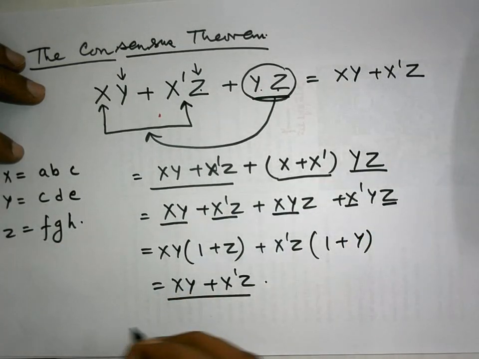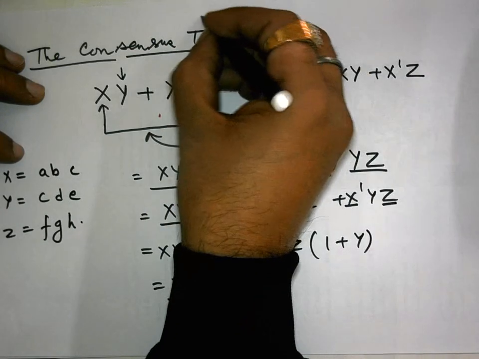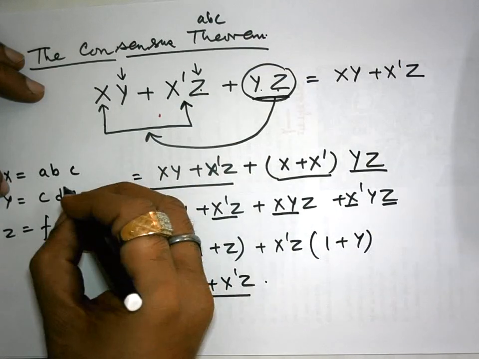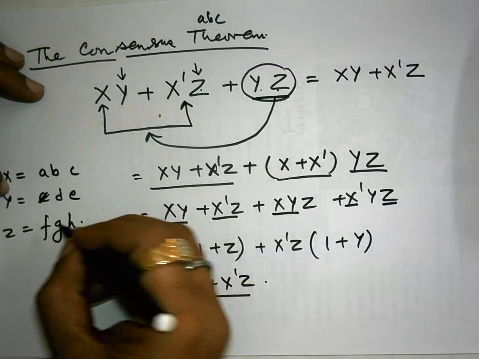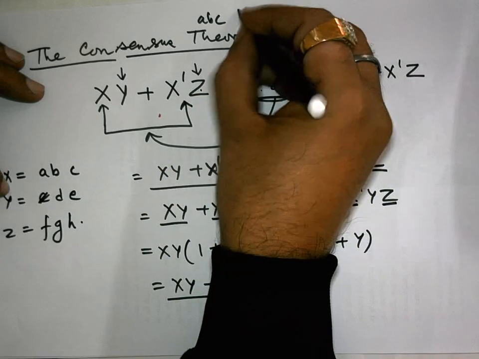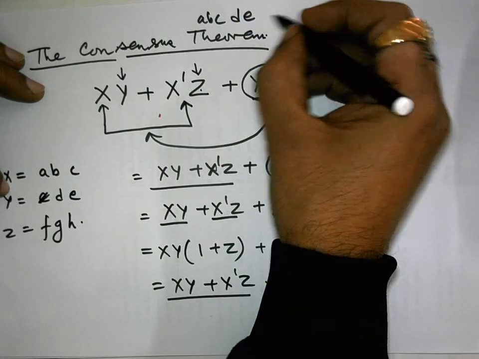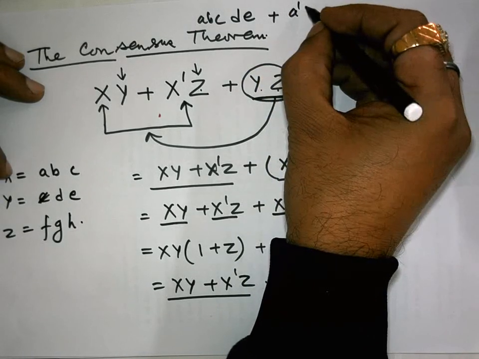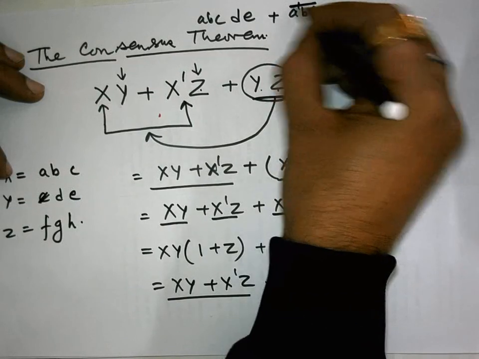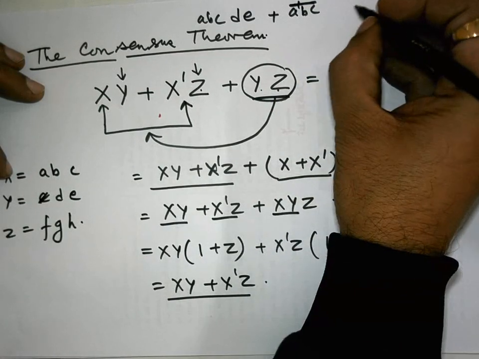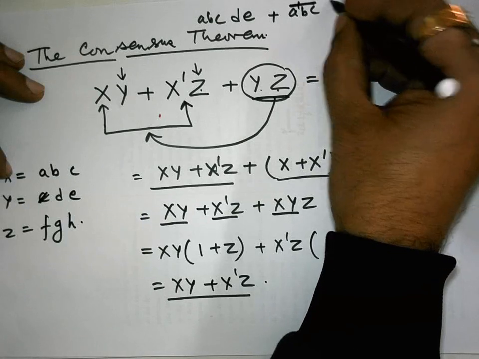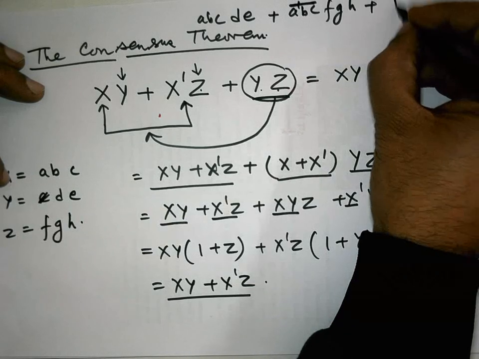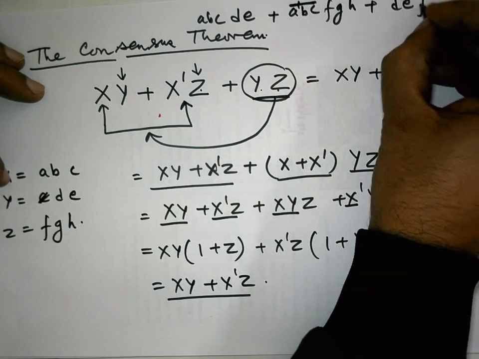If in a competition some expression is given like this, abc and de, and then x dash is abc whole bar, and z is fgh, plus this yz means de and fgh.